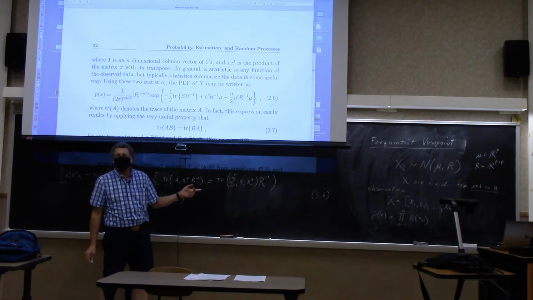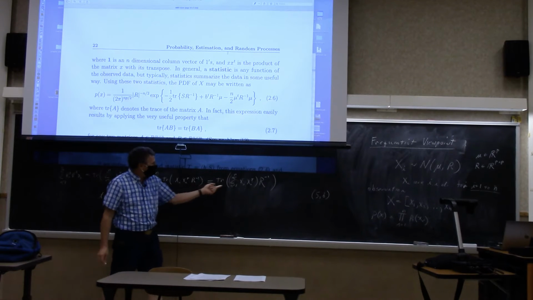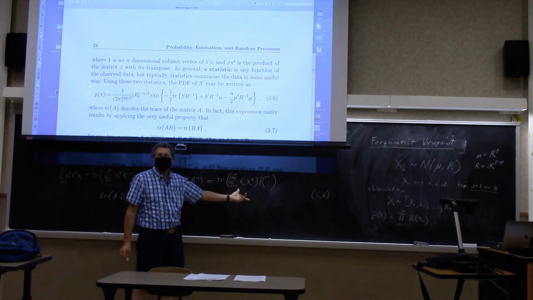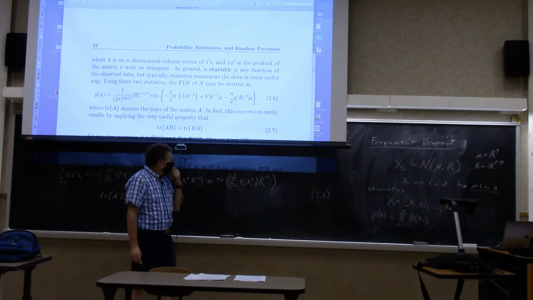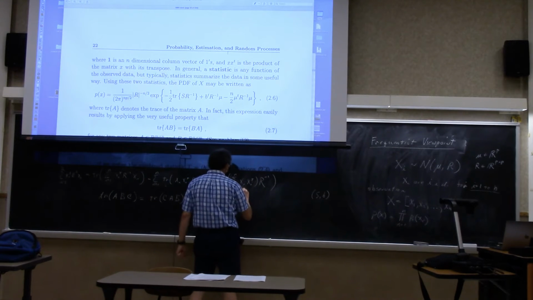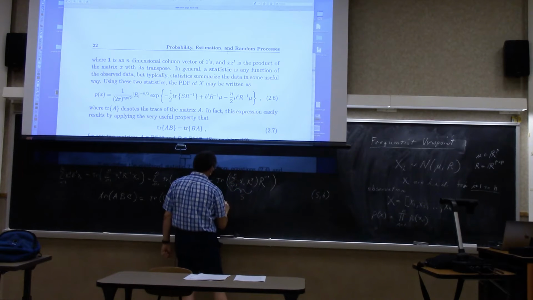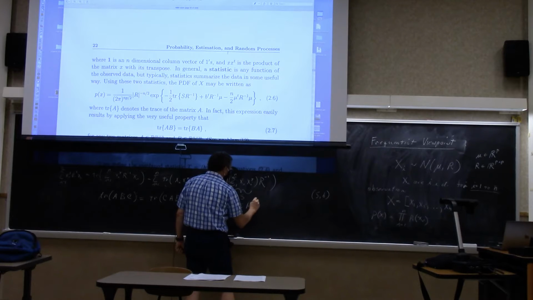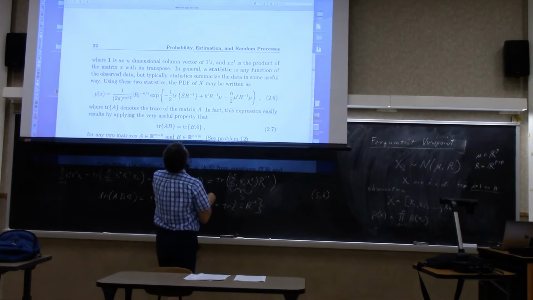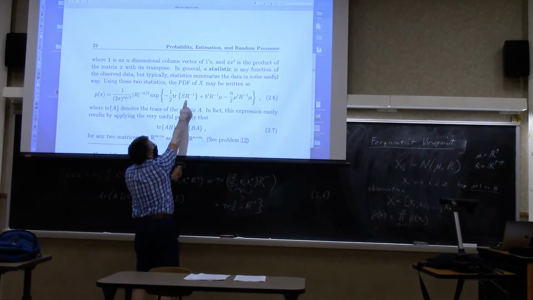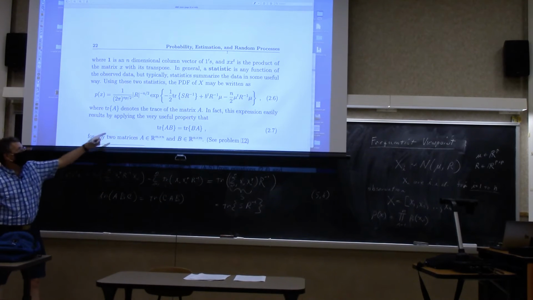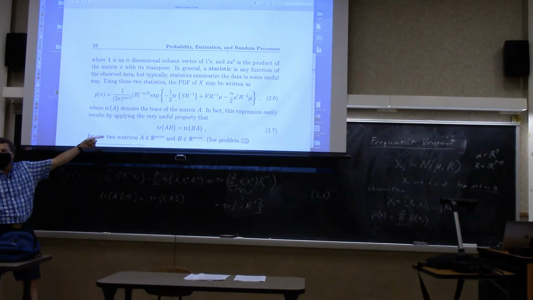I skipped a couple steps because R inverse is a constant, so I can take it out of the sum. Okay, and then this thing here is S, so you get the trace of S times R inverse, which is the expression you have here, right? So this is the core trick to showing that that's true.